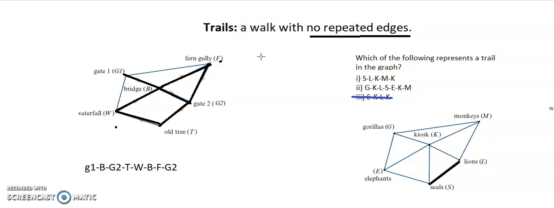Let's go back and just double check if our last answer is a trail, which means it's got no repeated edges.